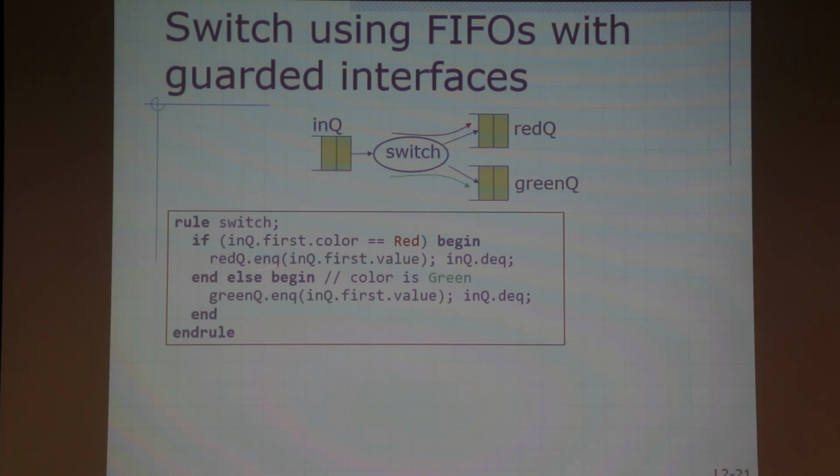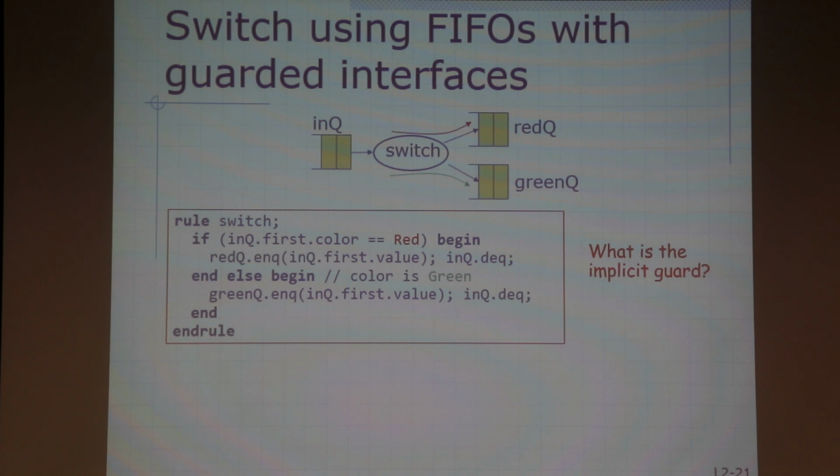If it is red, then enqueue it in the red queue and dequeue. Otherwise, it must be a green token, and enqueue in the green queue. Do you think you can write such a program? Yes, this is pretty trivial.